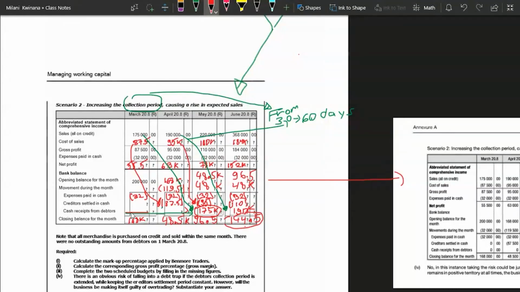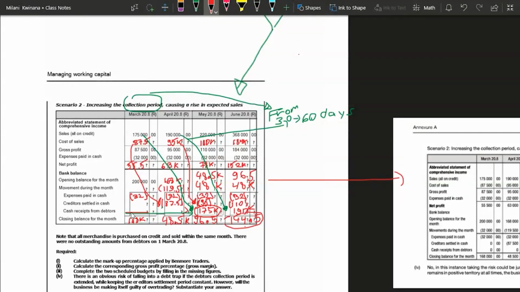Basically after 2 rows, in columns. I don't want you to say after 2 rows. What are those 2 rows meaning? After 60 days, 2 months.